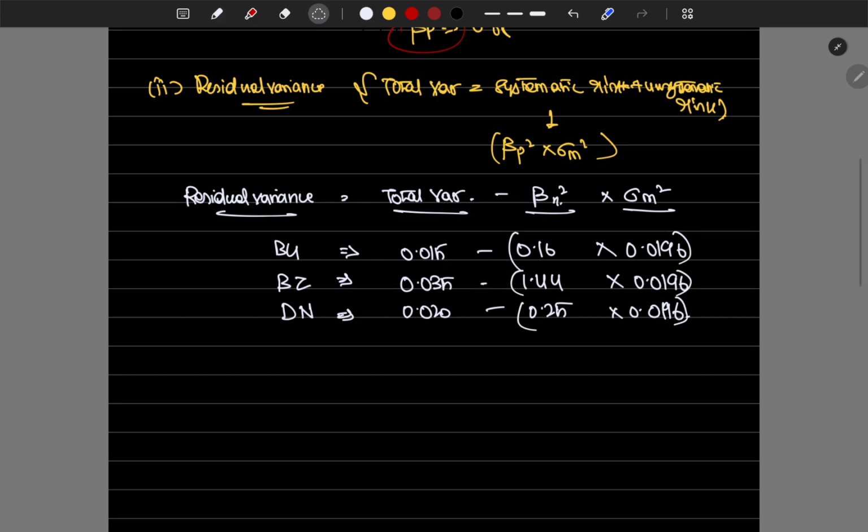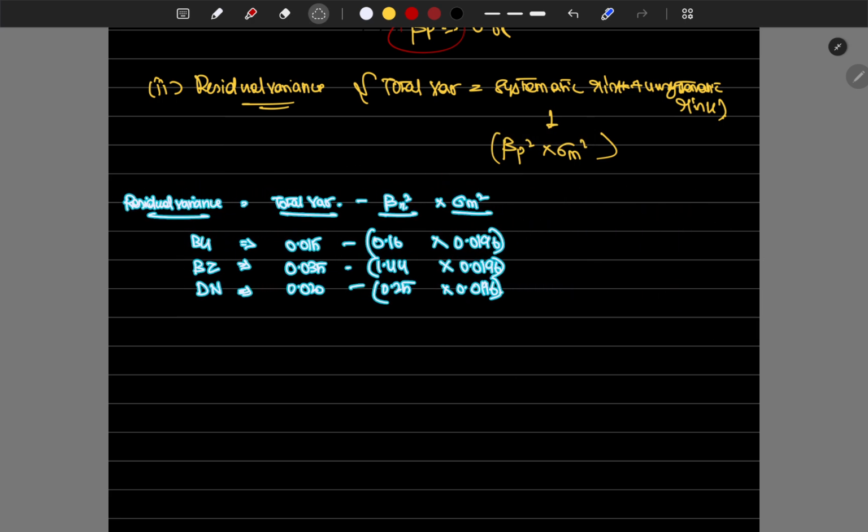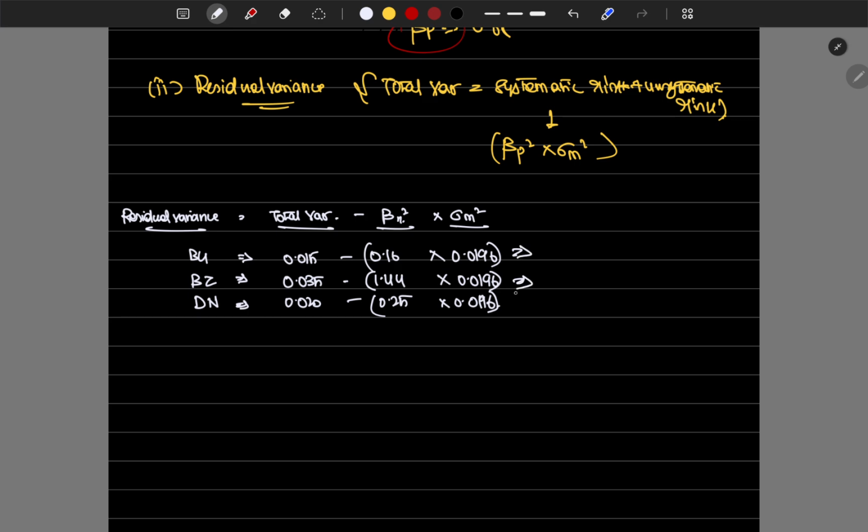Total this: 0.16 into 0.0196 plus 0.015 gives 0.0118 as the residual. Then 1.44 into 0.0196 plus 0.035 gives 0.0067.